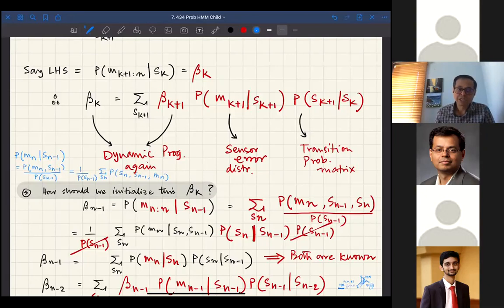I just wrote the numerator as a marginalization. I see. It's exactly this. Okay. Yep. I see it now. That actually helps a lot. Good. That makes sense.